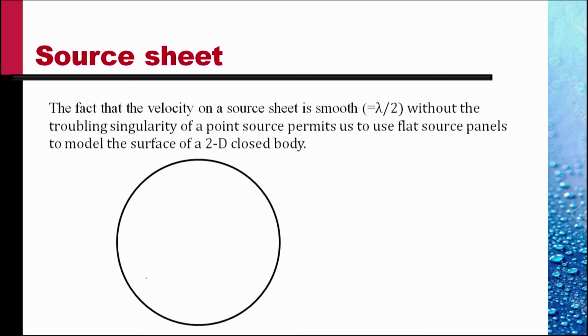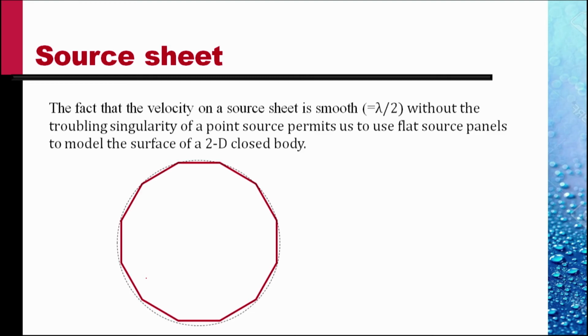Consider a circular cylinder. We divide this circumference up into a number of panels, flat panels, and for each flat panel, we assume a source strength.